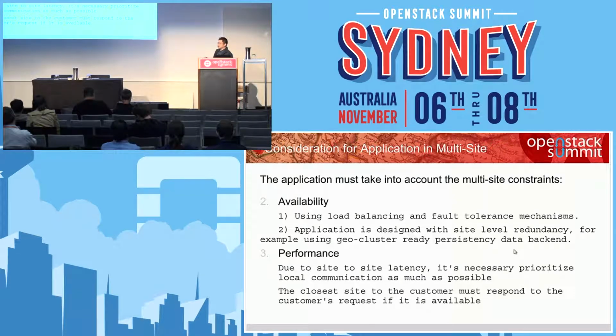Another one is the application should be designed with high redundancy and consider site-level high redundancy. So we use load balancing and fault tolerance mechanism to design the application. And we use the backend database which can be deployed in different sites and realize geo-site replication. Cassandra can be deployed in this scenario.